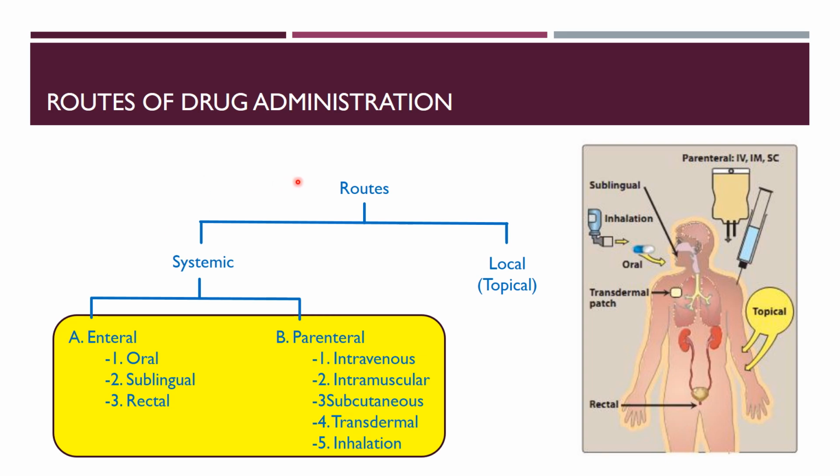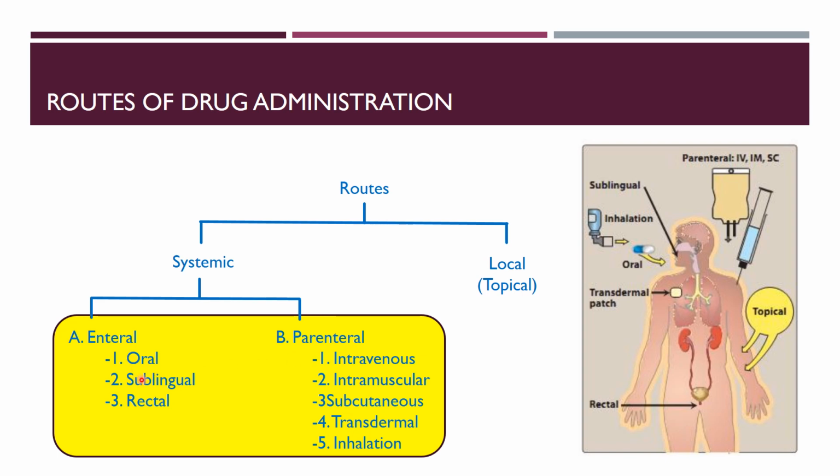Routes of drug administration have been divided into almost 9 categories overall. The major categories are systemic and local. Among systemic, there are two further subcategories: enteral and parenteral.